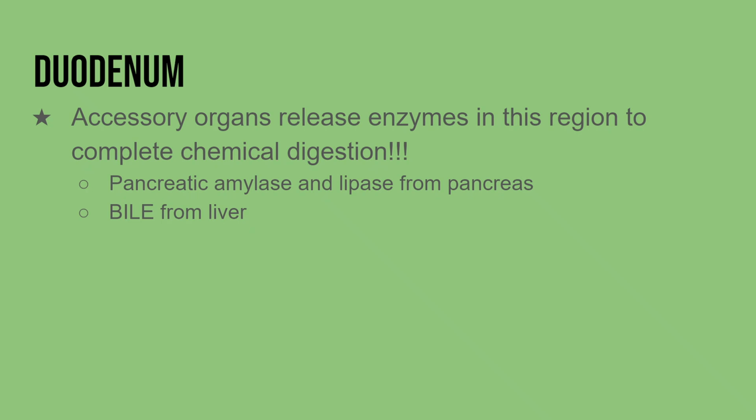Getting further into that first region of the small intestine, the duodenum, you have a lot of accessory organs releasing enzymes into this region to help complete chemical digestion. Some important ones are pancreatic amylase and lipase, which come from the pancreas, and then bile from the liver.